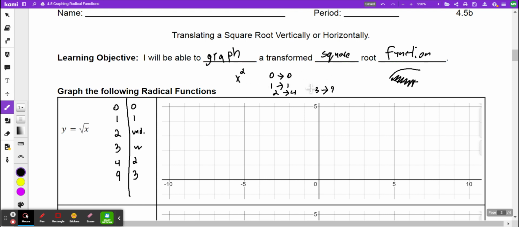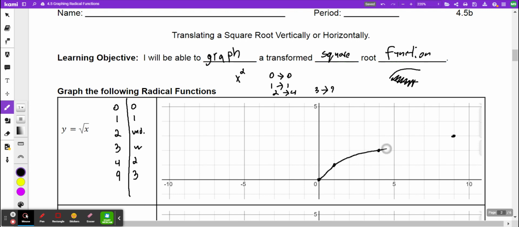But we're not going to be able to do this eventually. We're going to have to understand there are some tricks. So let's plug this in: at 0, 0; at 1, 1; at 4, 2; and at 9, 3. So here is our square root function.